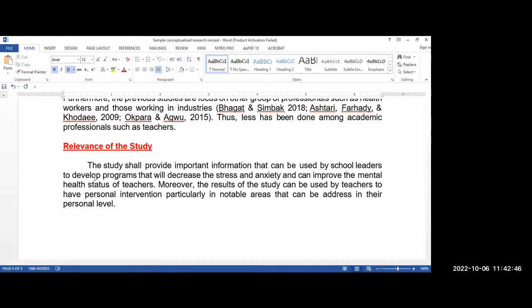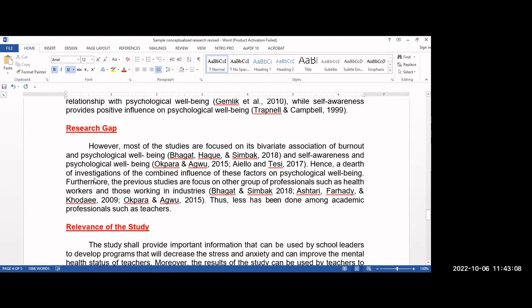Moreover, the result of the study can be used by teachers to have personal intervention, particularly in notable areas that can be addressed in their personal level. So this is the social value of the study, and that will really help a lot, like development of programs and at the same time personal intervention. So that forms the introduction.